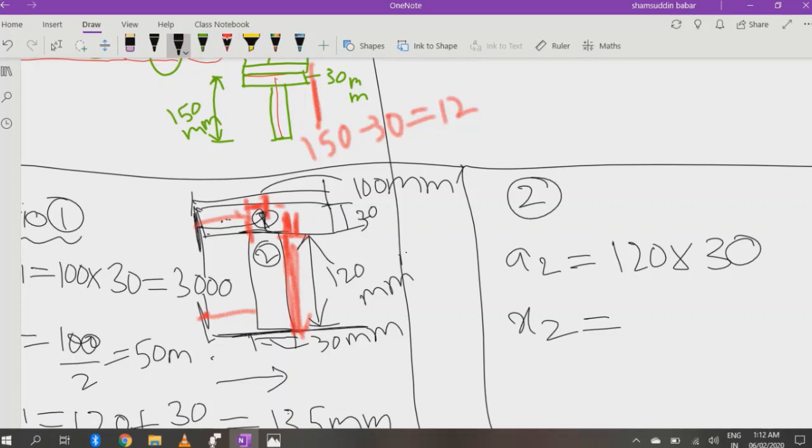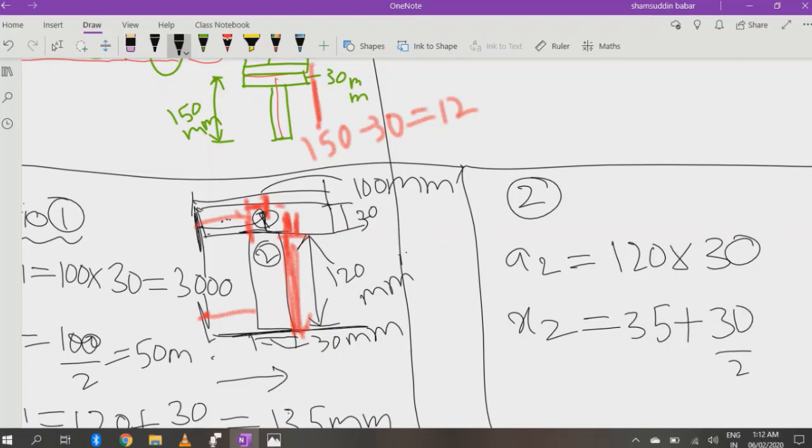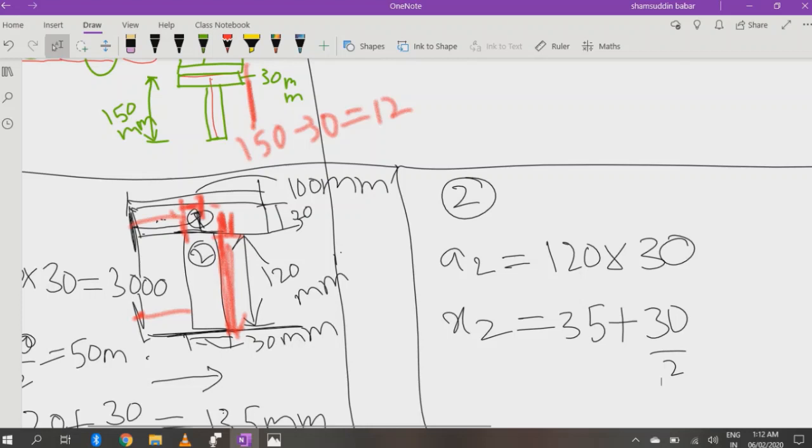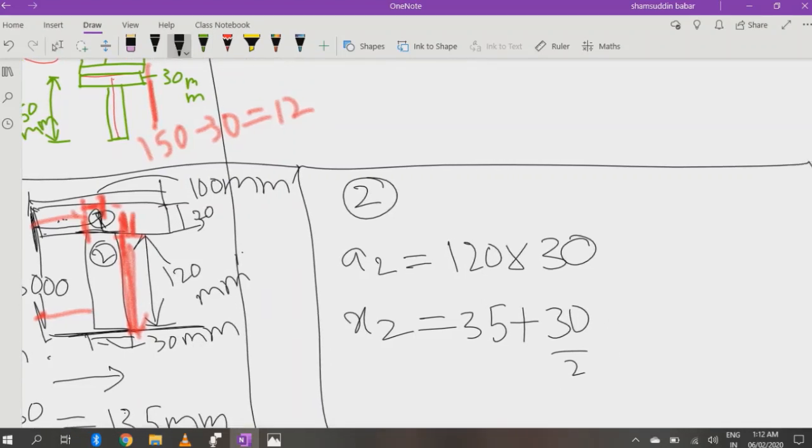So I got the distance 35, plus the section width of the second section, which is 30 mm, so 30 by 2 is 15. It's a symmetrical section, so x2 is equal to 50 mm.